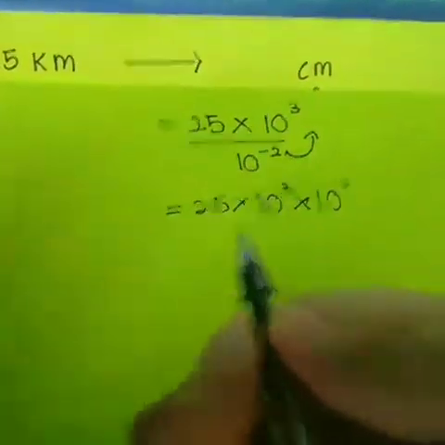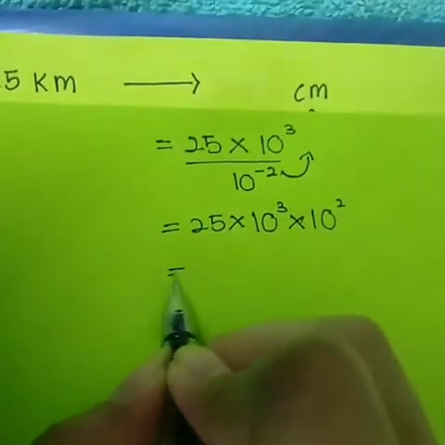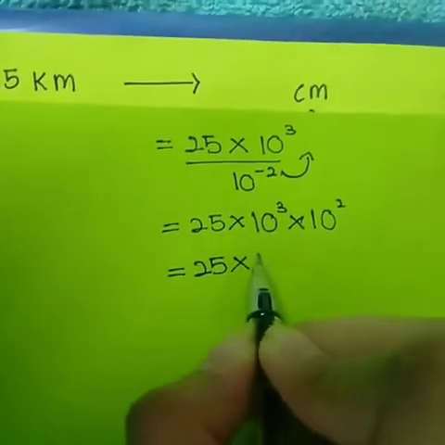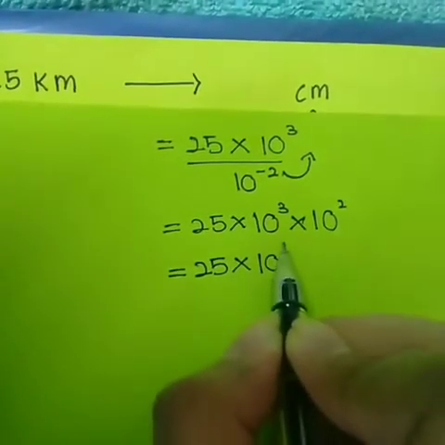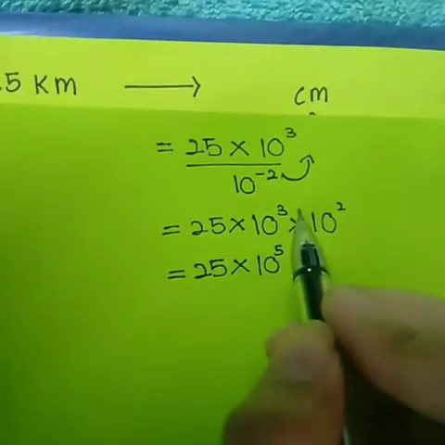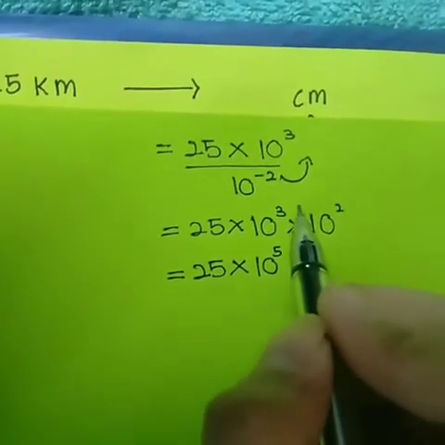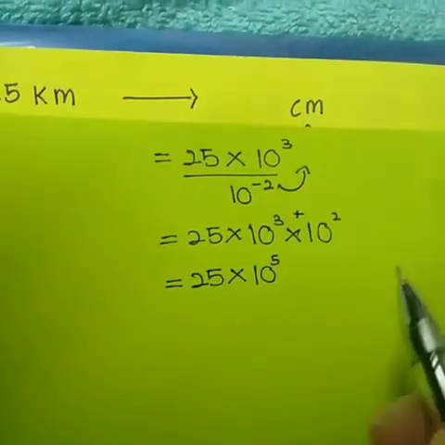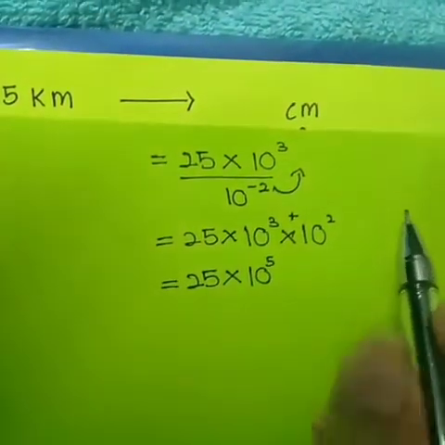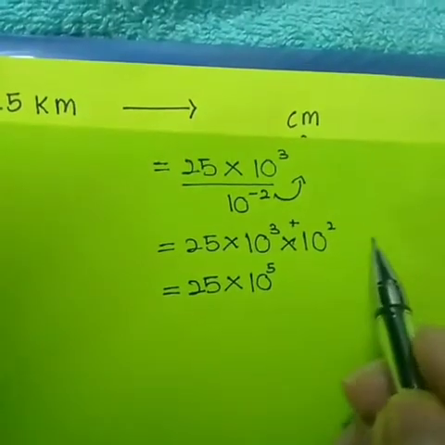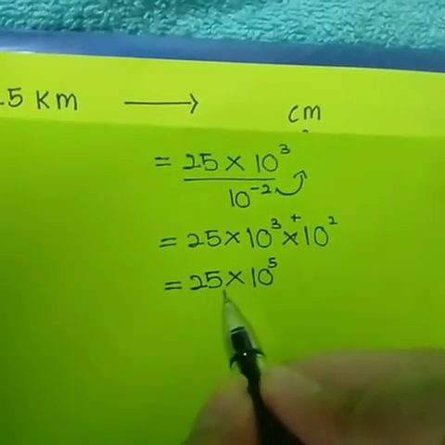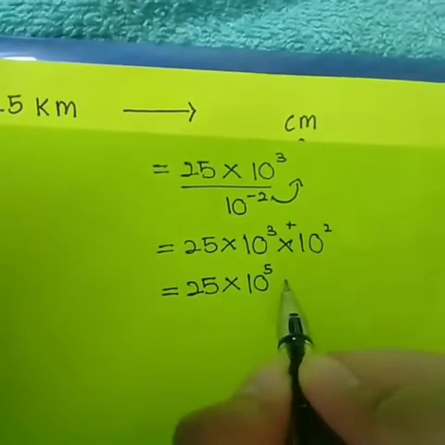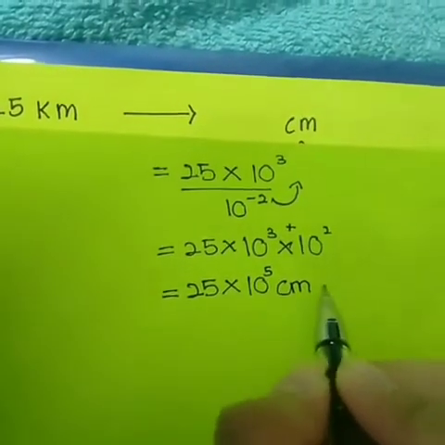Okay, and the answer is 25 times 10 to the power of 5, because times we need to plus, and divide we need to minus. So we get 25 times 10 to the power of 5 centimeter.